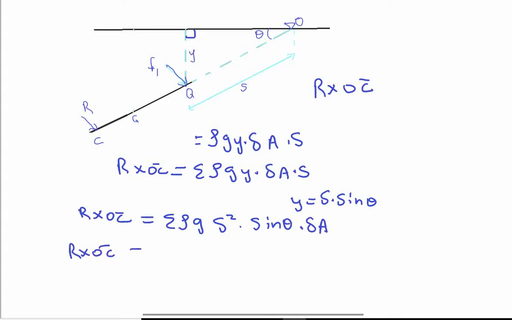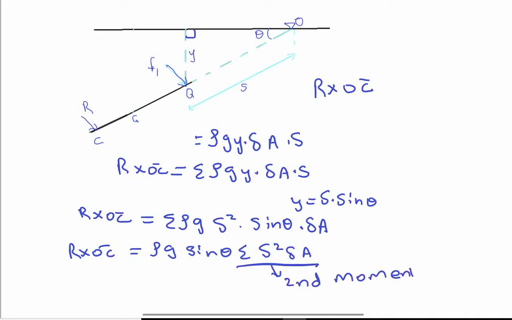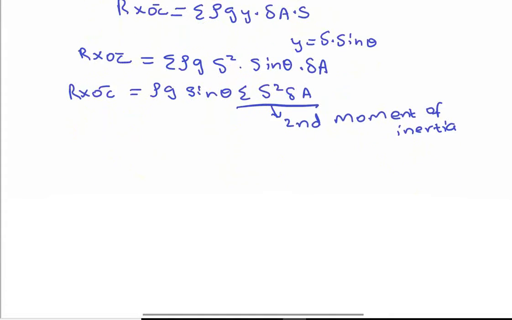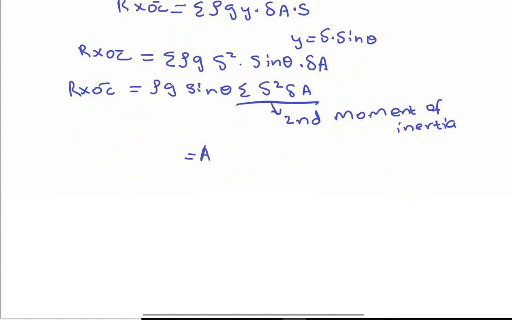So this is equal to my density, my acceleration, and sine theta remains the same. What will change is this. So this is the second moment of inertia. The second moment of inertia is equal to A times K naught squared, where K is the radius of gyration about the point O.